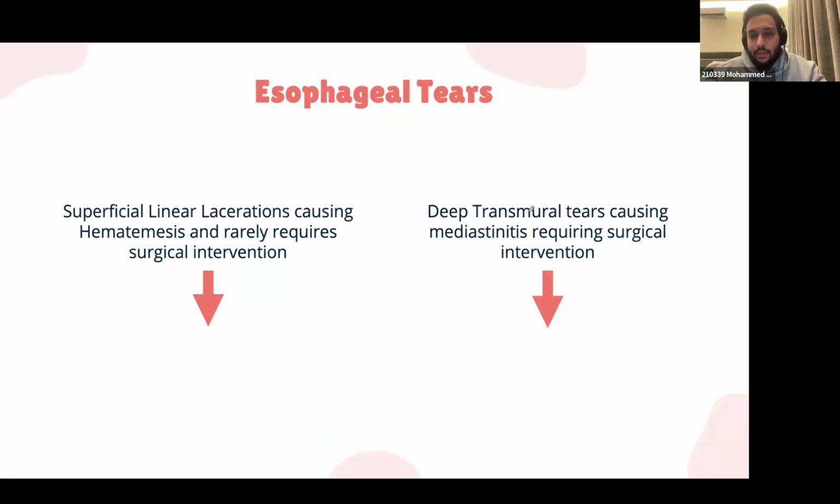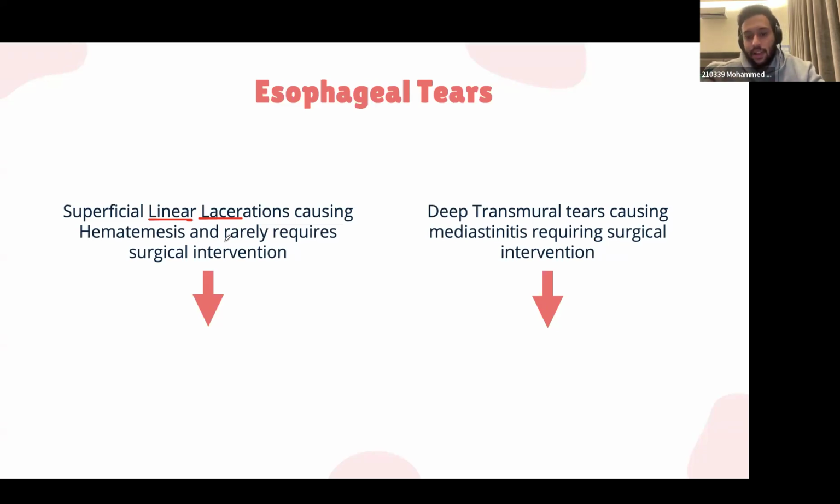Okay. Now, someone who has esophageal tears, you have two types. Let's look at this first type. Superficial linear laceration causing hematemesis. You don't need to do surgical intervention. What type of tear does this patient have? Mallory-Weiss tears. Typically, someone who has vomiting, retching, alcohol drinking can cause Mallory-Weiss tears.